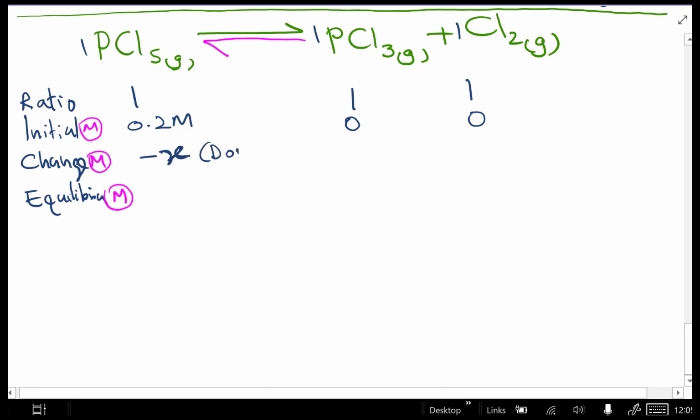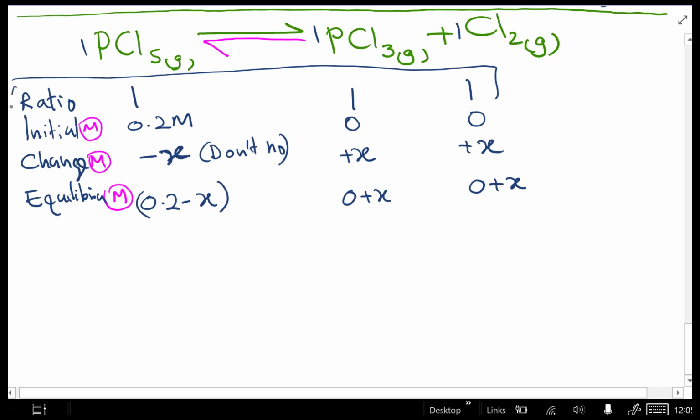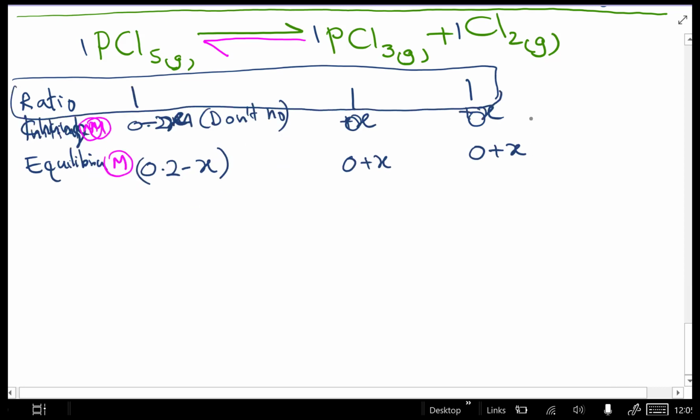Let's say 0.2 molar PCl5 initially, PCl3 and Cl2 nothing, then it loses minus x and gets x and x, because we don't know how much. That's why it's a minus x, and a plus x for what we gain. The ratio is needed, but we can keep it separate from the ICE table.